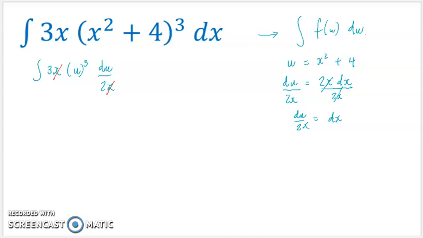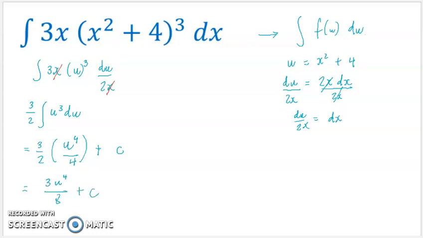And then we factor out the 3 halves. And we are left with the integral u cubed du. Then we just apply our rules in integration. We have 3 halves. And here it's 3 plus 1, that's 4, over 4 plus c. Simplifying, we have 3u raised to 4 over 8 plus c.